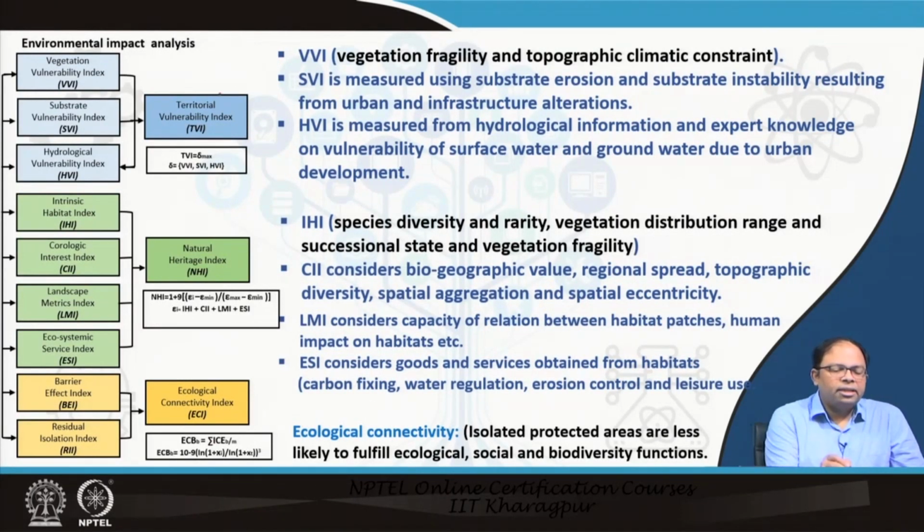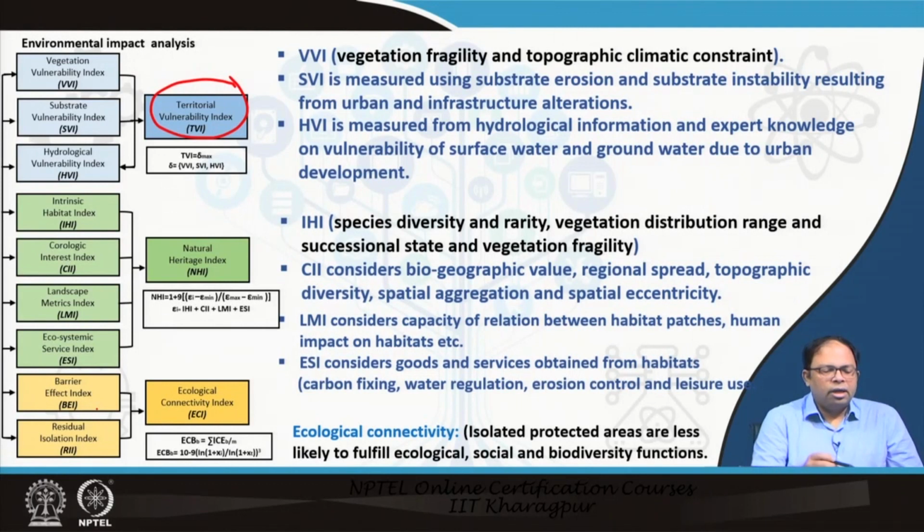You can see TVI is the Territorial Vulnerability Index. It is again composed of multiple indexes like the Vegetation Vulnerability Index, Substrate Vulnerability Index, Hydrological Vulnerability Index, and then the Natural Heritage Index, which talks about the Intrinsic Habitat Index, Corologic Interest Index, Landscape Metrics Index, and Ecosystem Services. And finally, the Ecological Connectivity Index is about barrier effects and residential isolation.